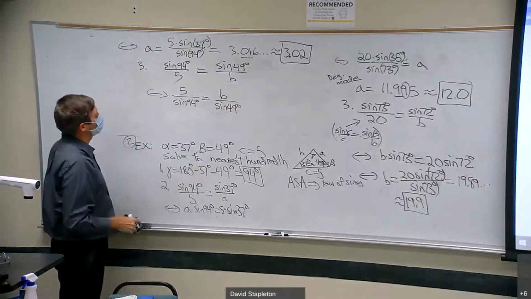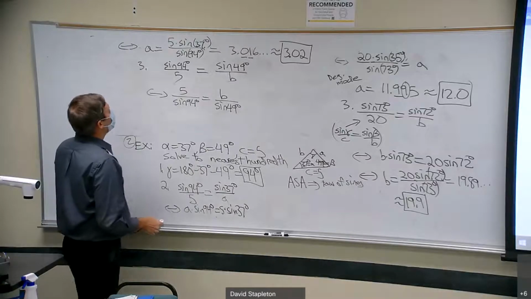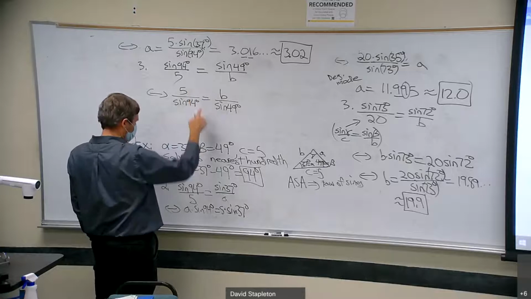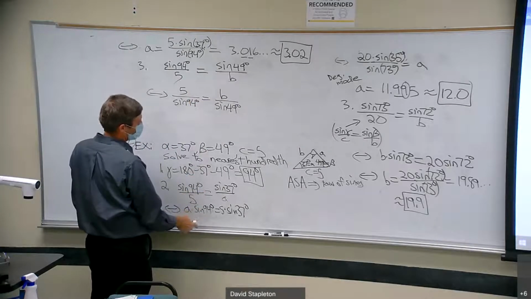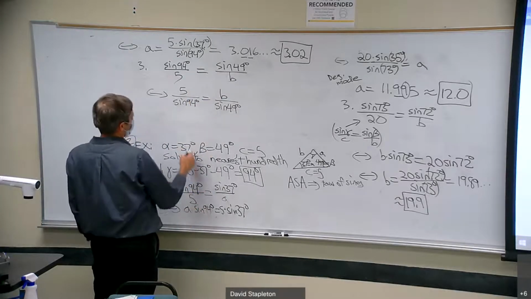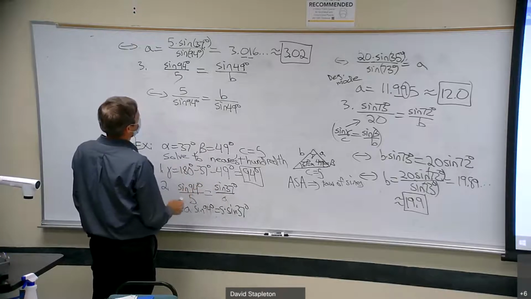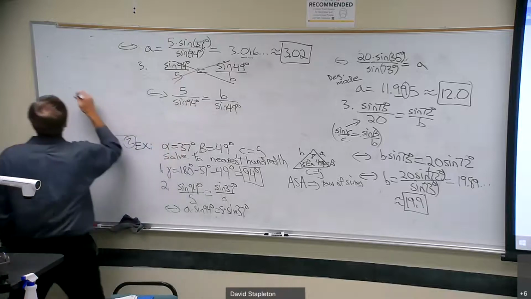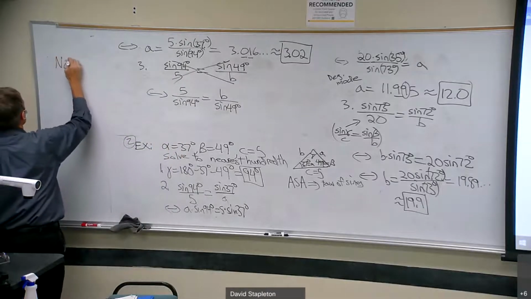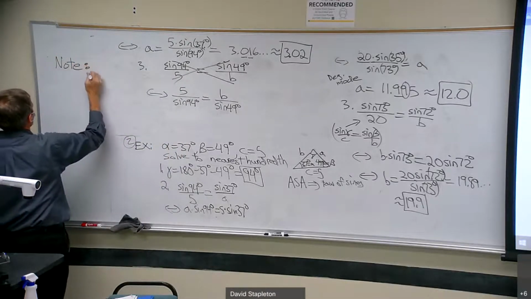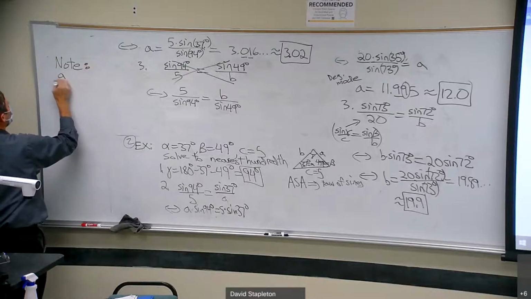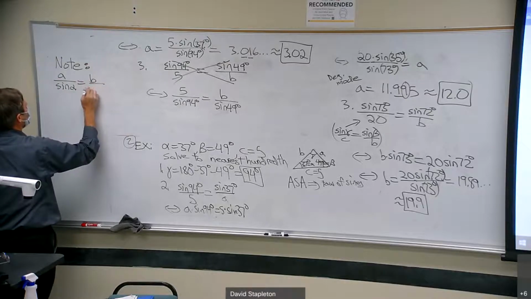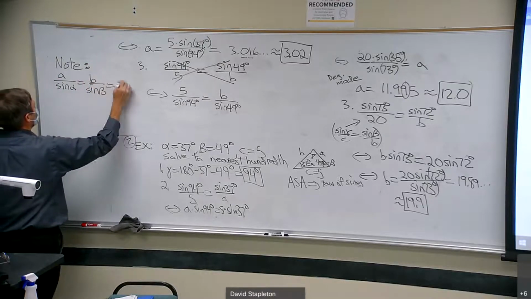And this leads into an interesting hint for you. Now that we've done enough of these, maybe I can say it. I suggest when you're doing this law of sines like this, that instead of always having to cross multiply or use reciprocals, instead of starting here, just start right here. I'm going to make this note on the side. The law of sines is equivalently stated by saying A is to sine alpha as B is to sine beta as C is to sine gamma.